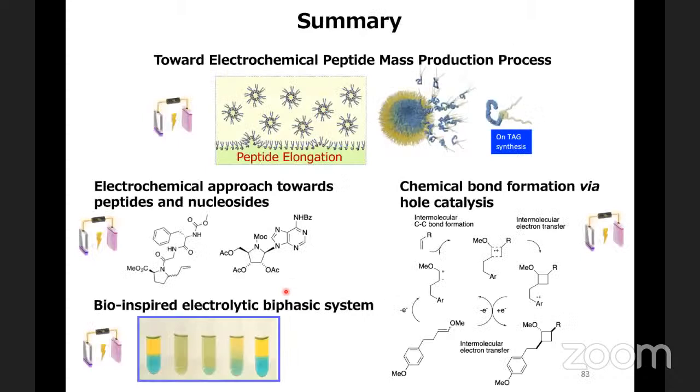Okay, in the process of searching for a reaction system, based on the concept of bio-inspired electrolysis, we found a solution system with very specific properties: a lithium perchlorate nitromethane electrolyte solution, which has very unique properties. In other words, the stability of radical cations and cations is remarkably enhanced by this special electrolyte solution, and many reaction phenomena that cannot be realized in ordinary chemical reaction systems have been found.